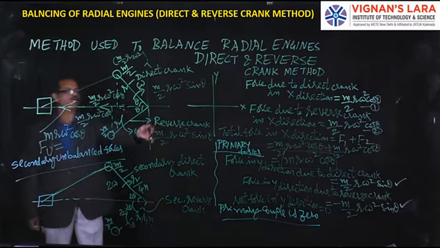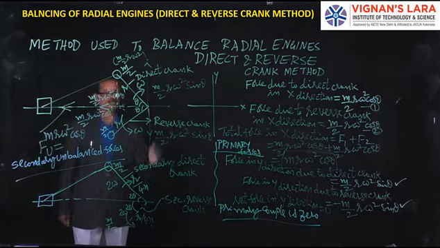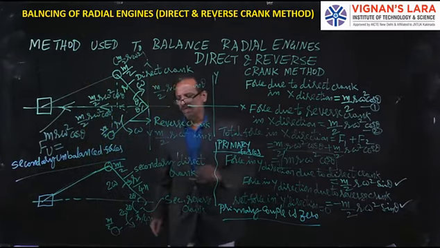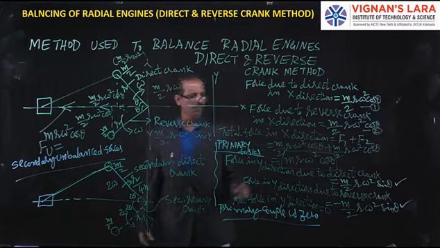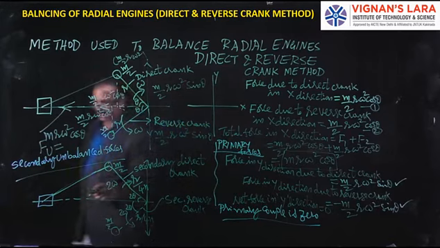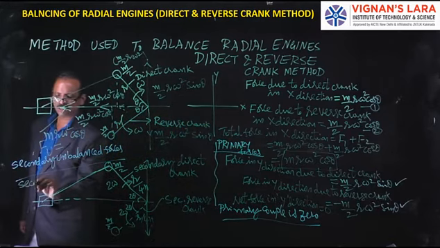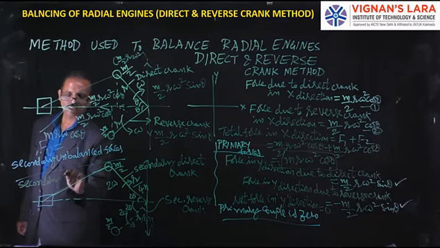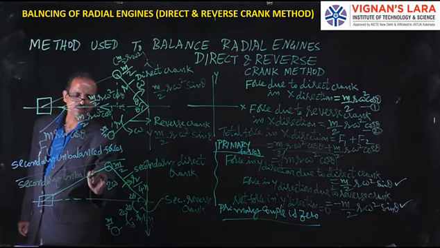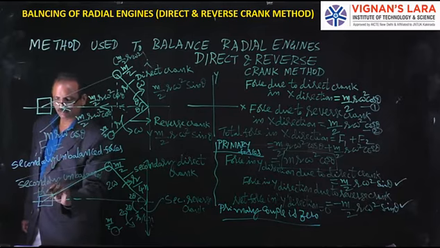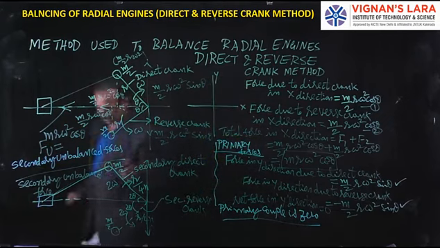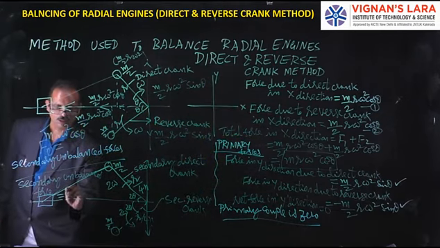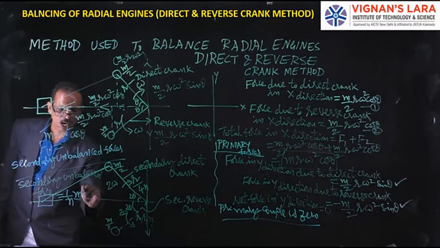In a similar manner to what we analyzed for the primary cranks, if you write it for the secondary cranks also, the y components, one will be upward and one downward, so the y component will become 0. For the x component, the secondary unbalanced force is 1 by n m r omega square cos 2 theta.